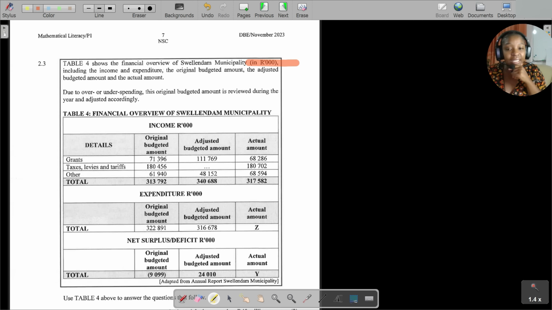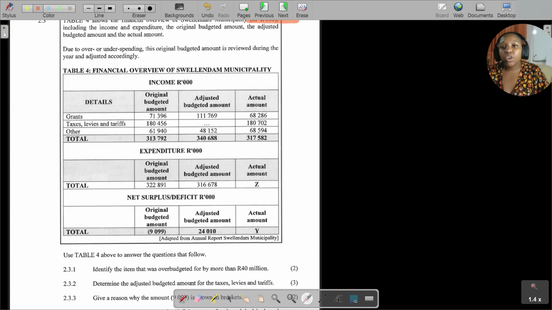So in some cases we're dealing with billions of rands there, and you just need to take note of that. The table includes the income and expenditure, the original budgeted amount, the adjusted budgeted amount, and the actual amount. Due to over or underspending, the original budgeted amount is reviewed during the year and adjusted accordingly.